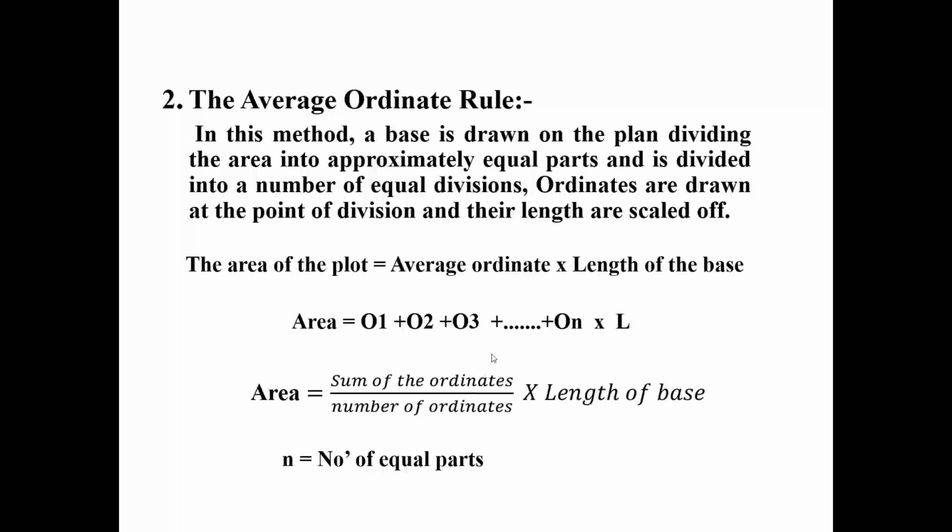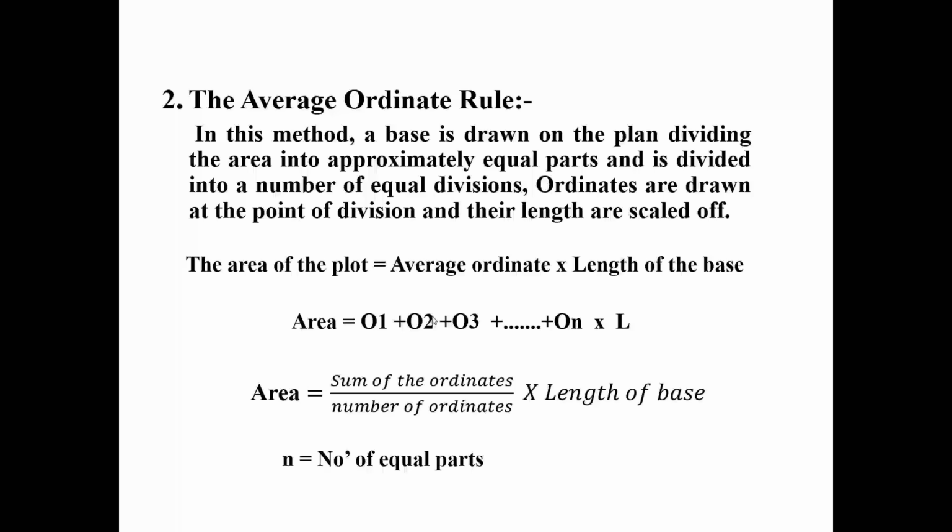Coming to the second one, the average ordinate rule. In this method, the base AB is drawn on the plan, dividing this area into approximately equal parts. In the mid-ordinate method, the AB length is equally divided, but the ordinates are drawn from the midpoint of each division.